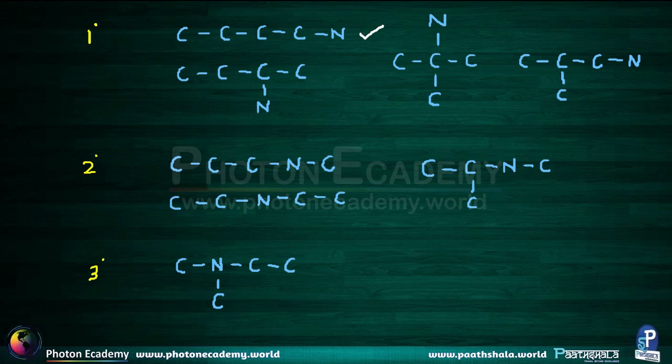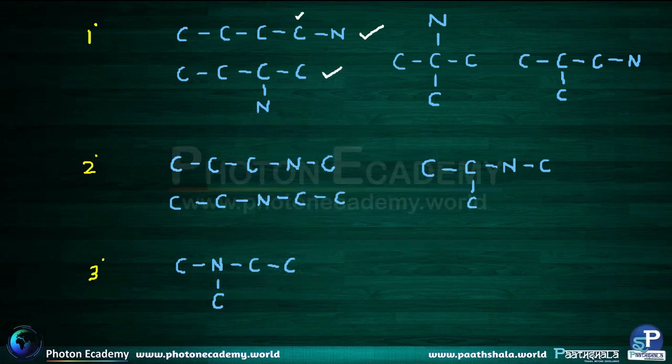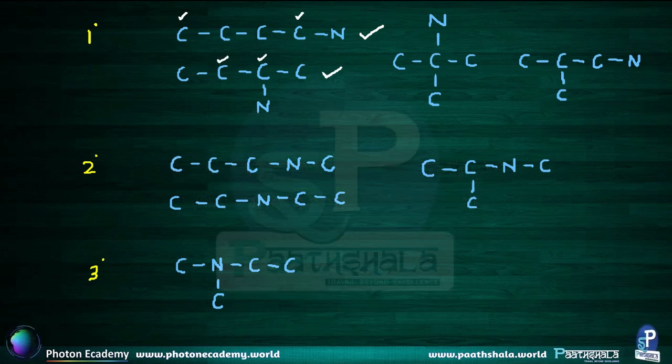Then we can have one more structure in which the nitrogen atom is linked to the carbon atom in the middle of the chain. I have put the nitrogen at this carbon atom. I could even have put it here, but it would give me the same structure back again.